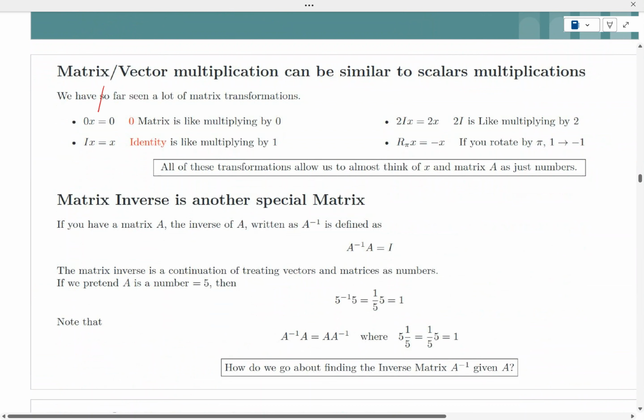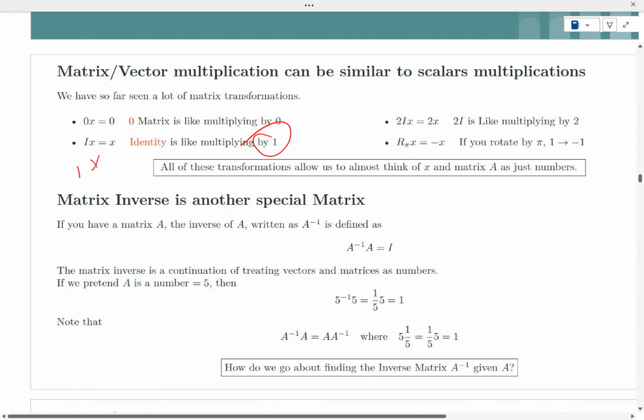If you take a vector and just multiply by 0, then you get a 0. Or if you take a vector and multiply by the identity matrix, it just gives you the vector back. And therefore, it's kind of like x multiplied by 1, right? Other times x can be multiplied by a rotation and it rotates it.